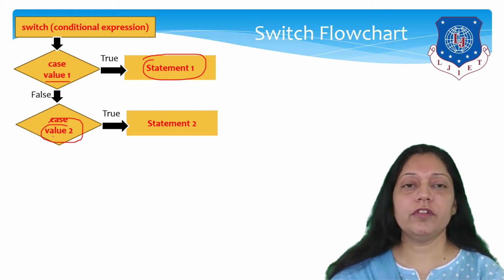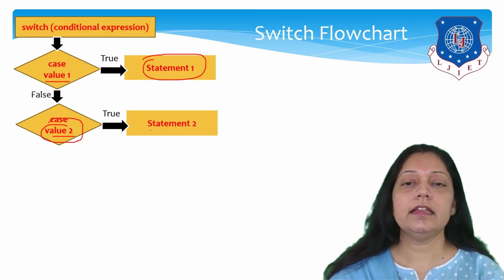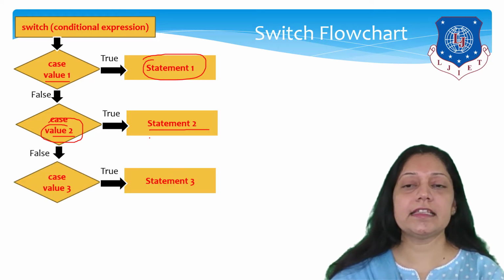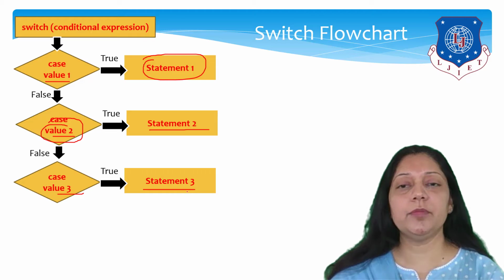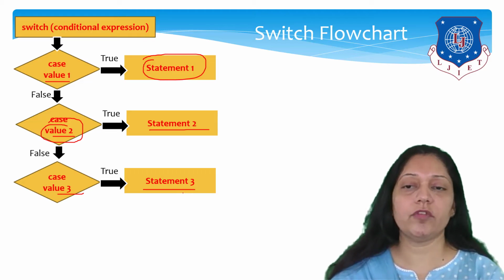If the value of the variable or an expression is equal to value 2, then statement 2 is executed, or else it will come to the next case, that is case value 3. Again the same thing: if the expression or the variable value is equal to value 3, then statement 3 is executed, and so on. So we can have multiple cases as per the requirement of our program.